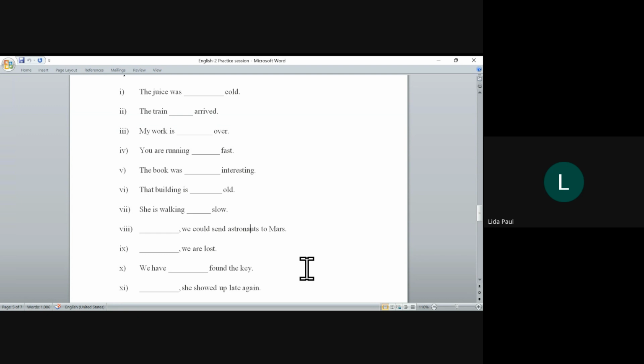But all of these adverbs are what? Are they comment or viewpoint? Comment, right? They're all comment. Yes. Okay. Dash, we have dash found the key.